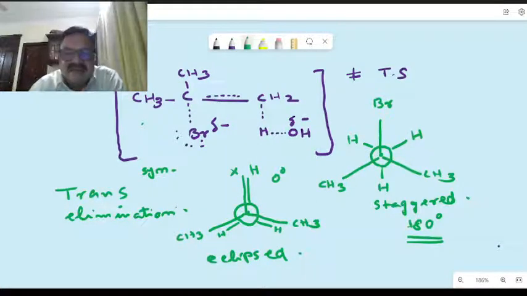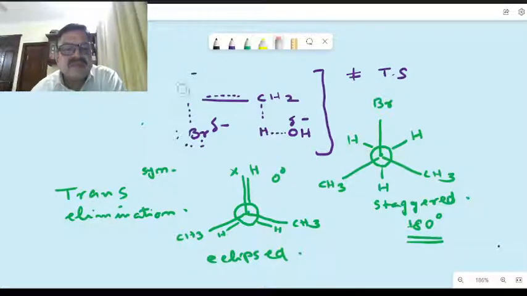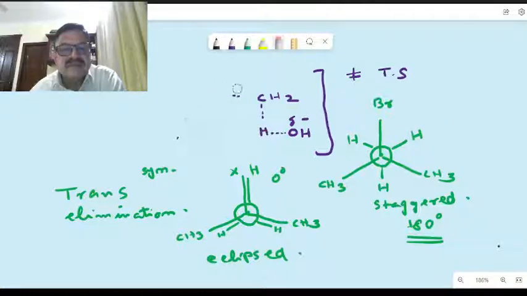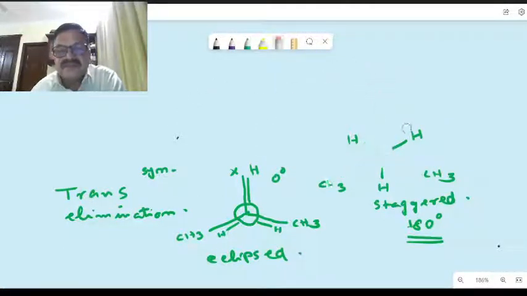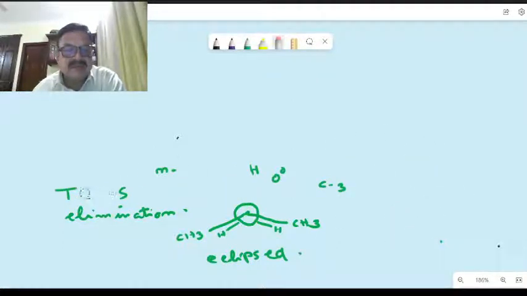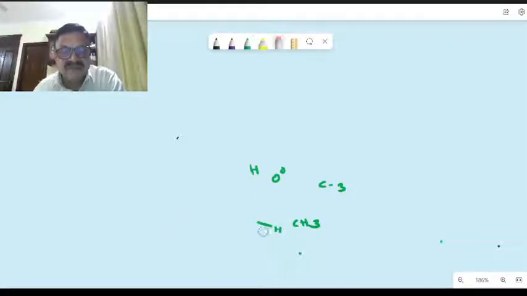Now let us see the other. This is the Newman projection. I will just show you how this elimination reaction takes place, trans-elimination from the anti-periplanar geometry here.